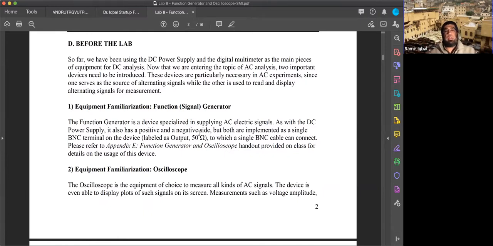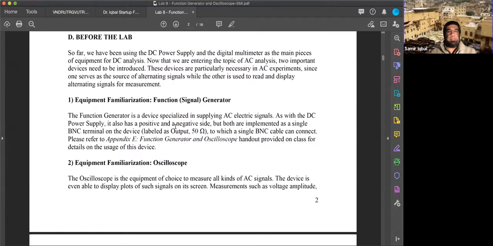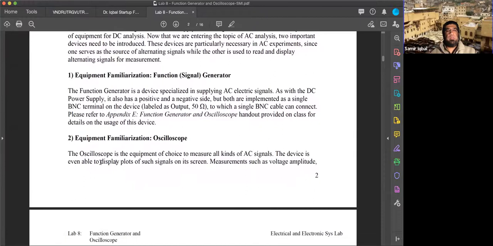Those cables run from the function generator to your circuit, and similarly from your circuit to your oscilloscope on the output side. This is just the basic idea. It has a positive and negative side. An oscilloscope is another device which would display your signal. Okay, if I ask a simple question, what is our signal? How would you explain the signal?